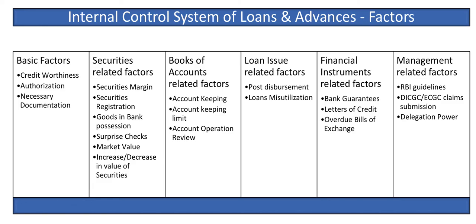So hope this section helped you to understand what are the factors which have to be taken into consideration while the internal control system is drafted for loans and advances within a banking scenario.